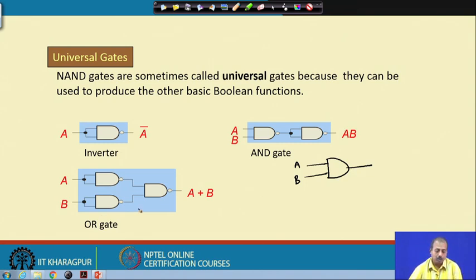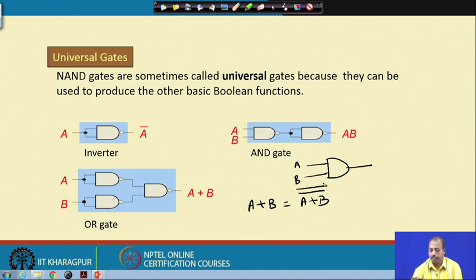And for getting the OR gate, this is slightly tricky. We use De Morgan's theorem actually. So, A or B can be written as A or B whole double bar.